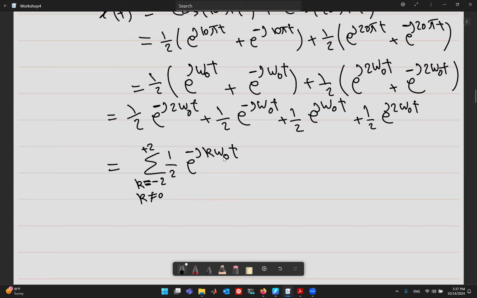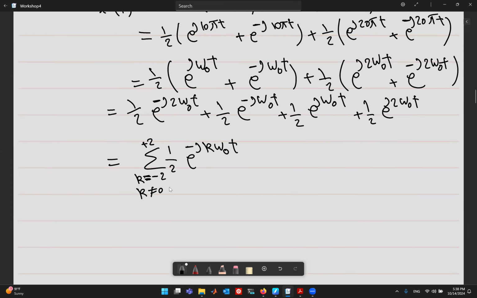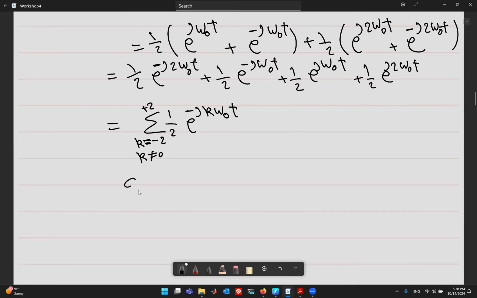Because we have 2 omega naught, minus 2 omega naught, minus 1 omega naught, 1 omega naught, and 2 omega naught. So it's from -2 to +2 except the 0. And this is always constant for all of these terms, which is 1/2. So we have found the coefficients for the Fourier series.